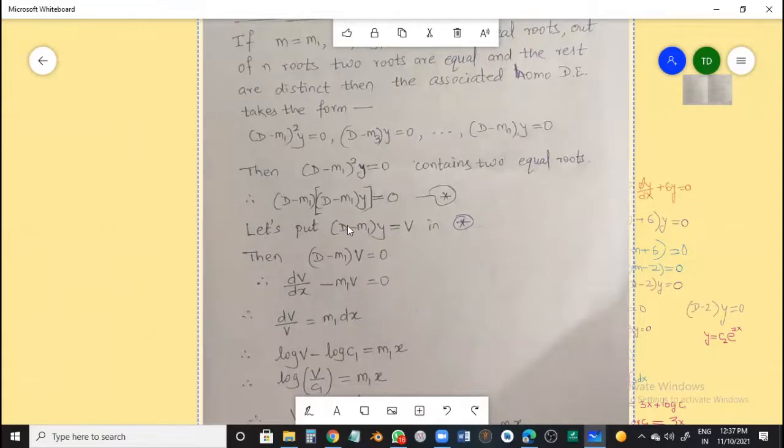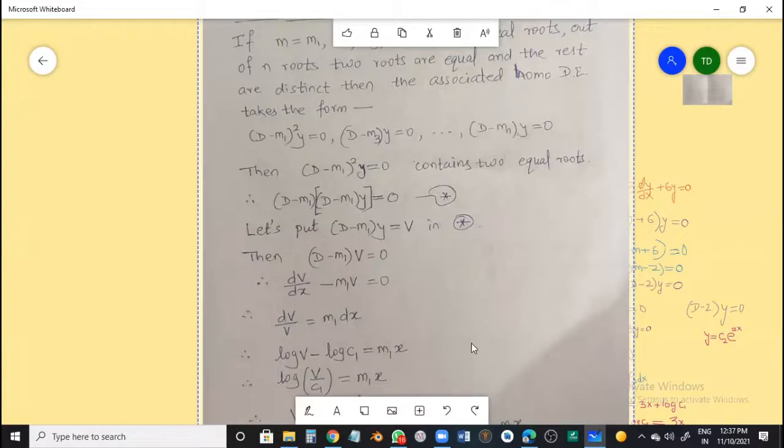For this, let me call (D minus m1)y as some v. What will happen then? This will be the outer operator, D minus m1, operated on v equal to 0. Means we have replaced the square bracket by v.